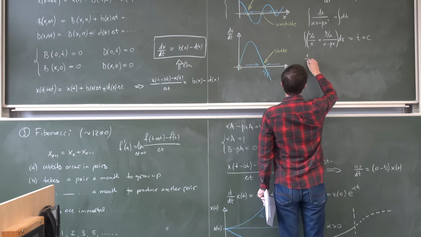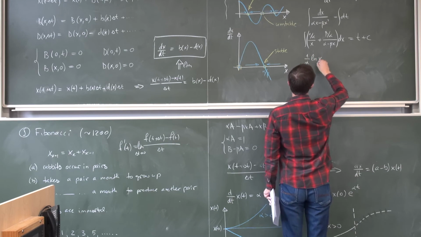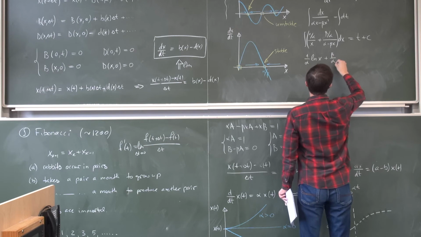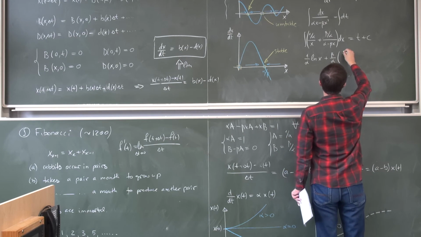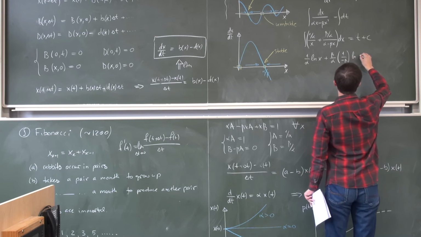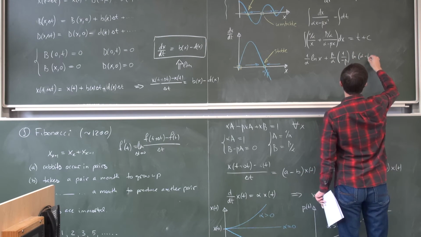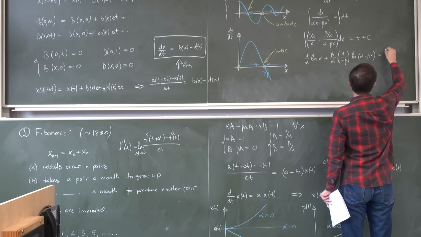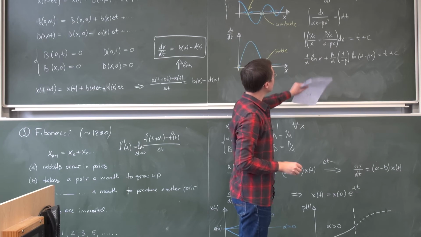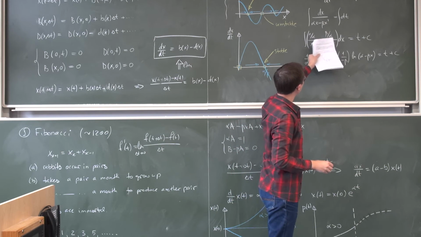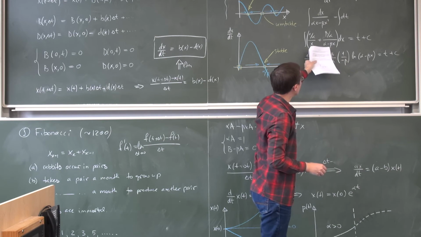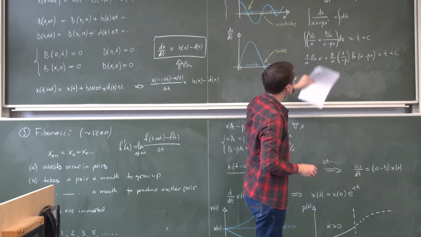One over alpha log x plus beta over alpha times 1 over minus beta log of alpha minus beta x is t plus a constant. Here it's just a straightforward integration. Beta over alpha gets out in front. We have to divide by 1 over beta when we do the integral.